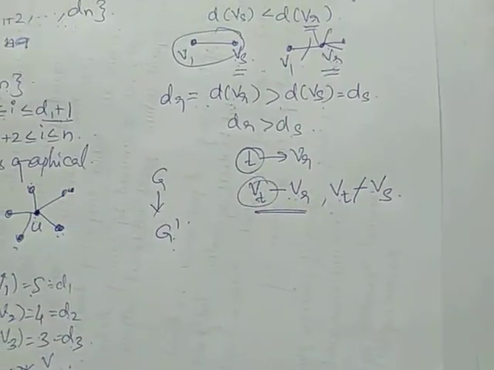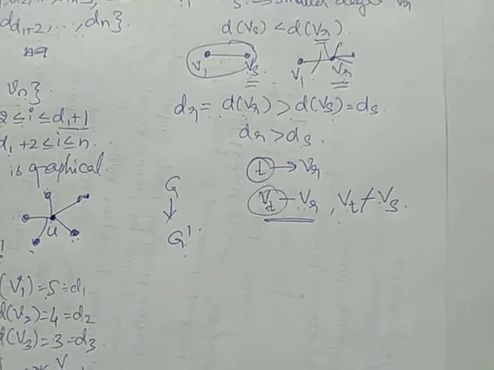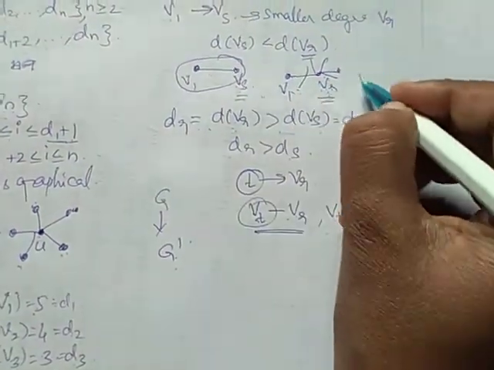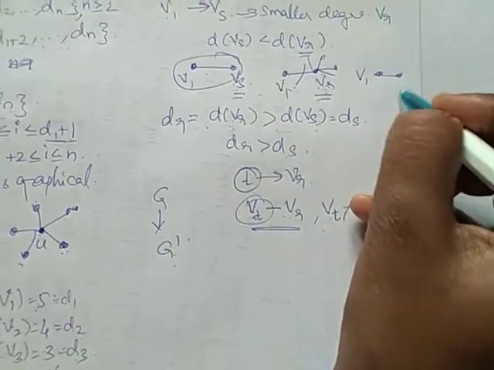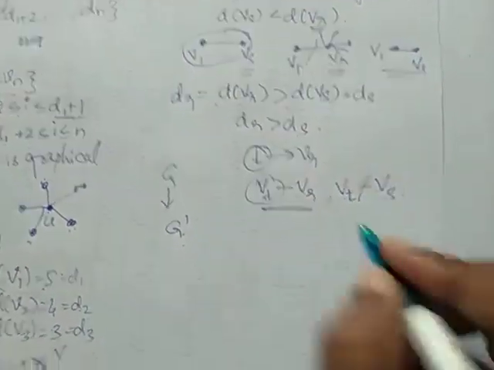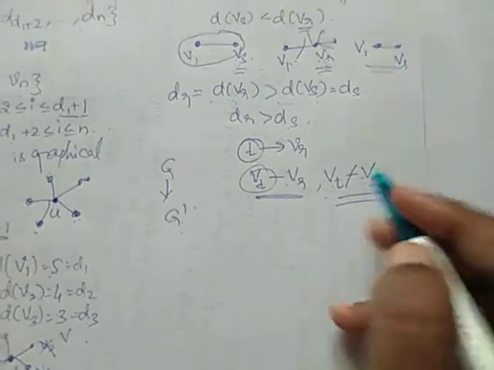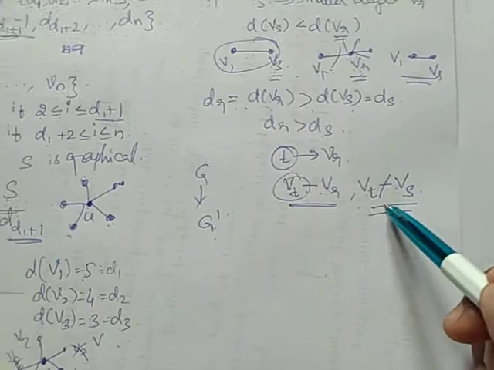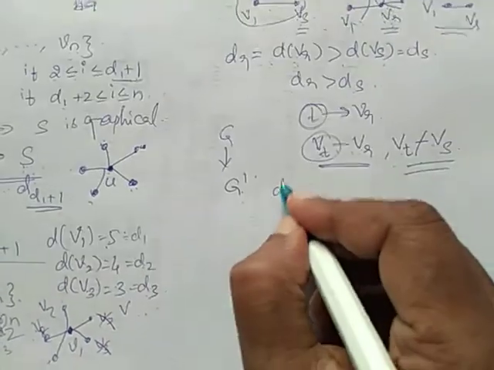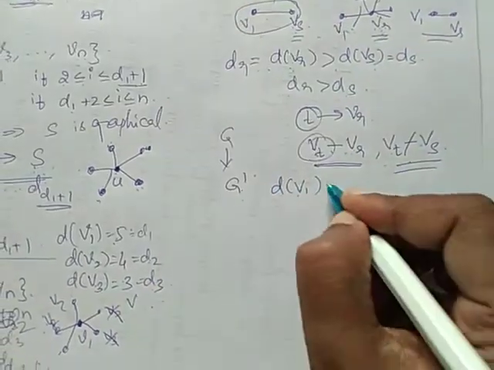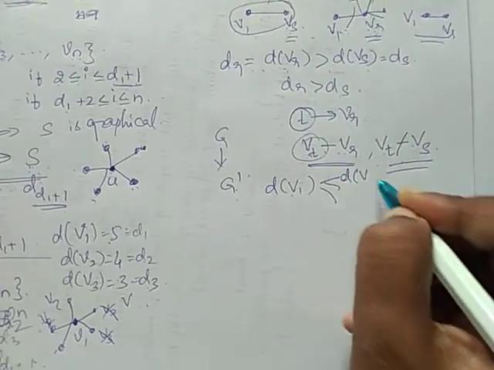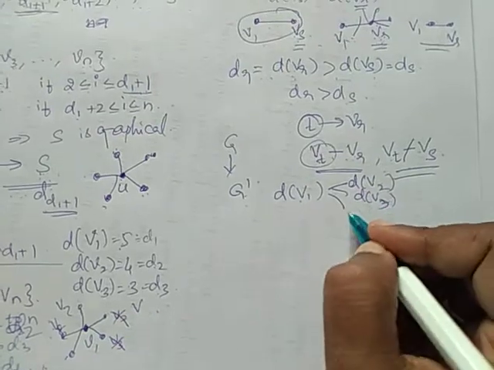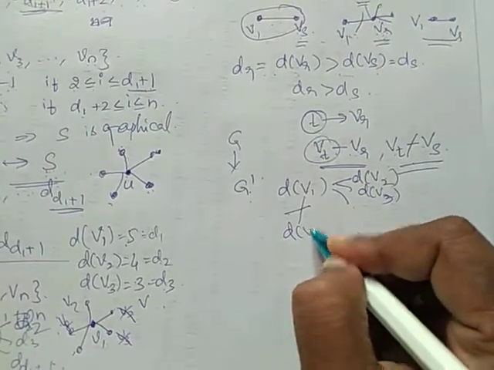We are going to remove these two edges and add an edge between V1 and Vr, which previously did not exist, and between Vs and Vt. When we remove these two edges and add these two edges, the higher degree vertex is adjacent to the lower degree vertex, and it is not adjacent to the least degree vertices.